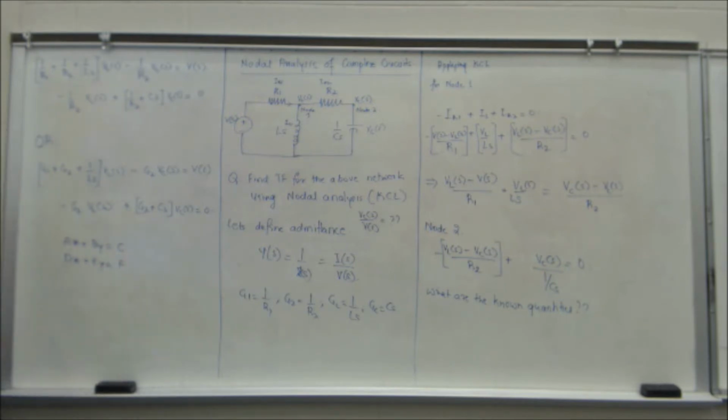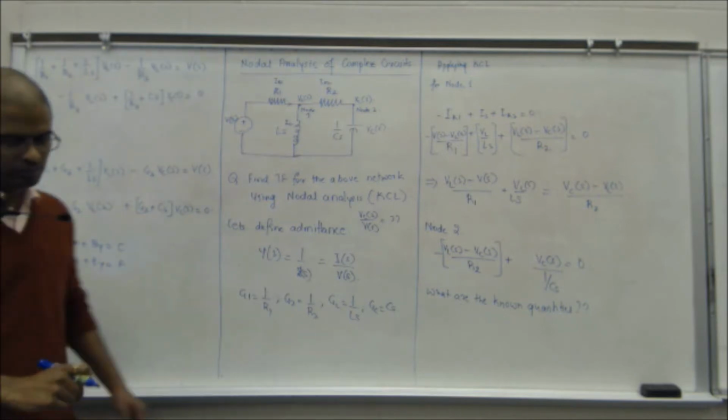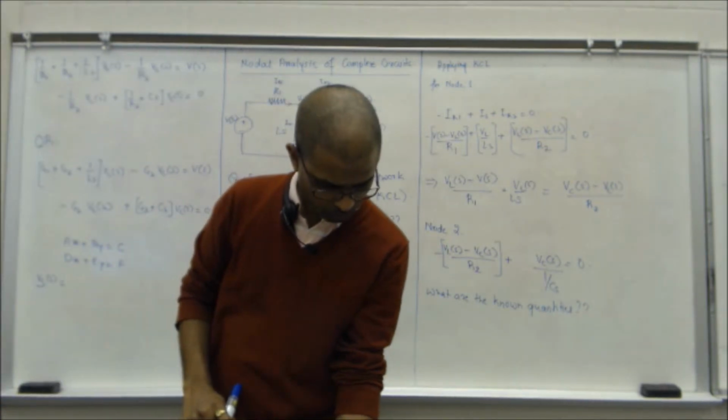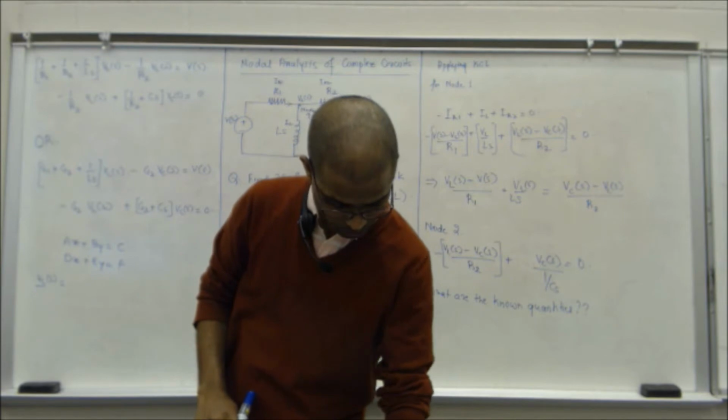So we are interested in VC, right? VC over V of S is equal to what? If it is Y, you replace this with the terms. You remember Cramer's rule?